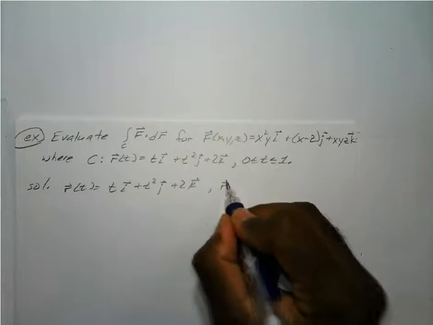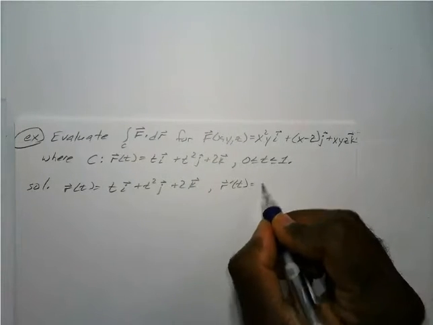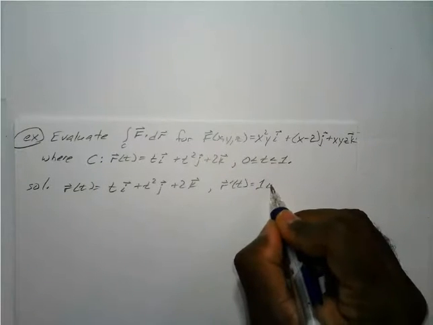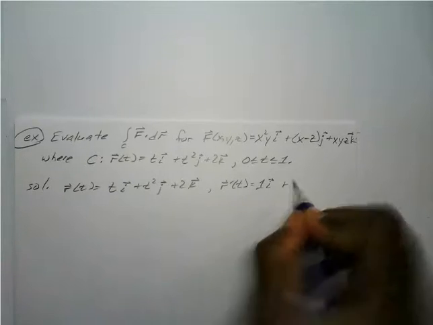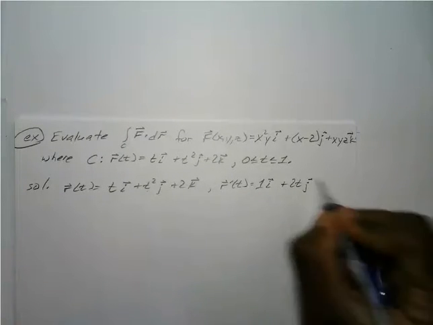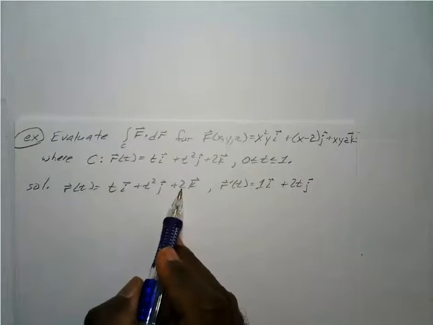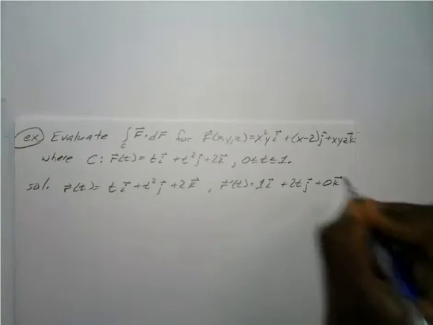And the derivative is just equal to 1 times the i vector, you don't have to put it, but I'll put it just to hold the space, plus 2t times the j vector, plus 0 times the k vector, since the derivative of a constant is 0, just to hold the space.